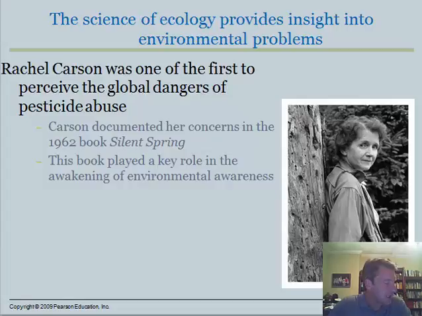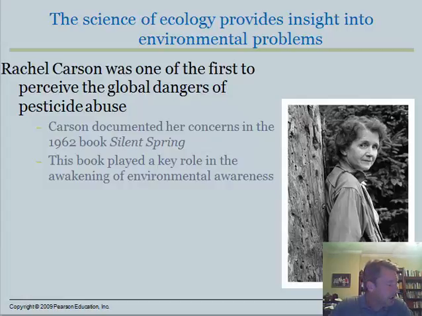We mentioned the first and second laws of thermodynamics. Energy is conserved; the total amount of energy remains the same in the universe. The second law says we can transfer or transform it, but there's always going to be a loss of energy.